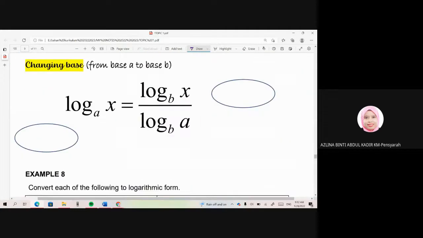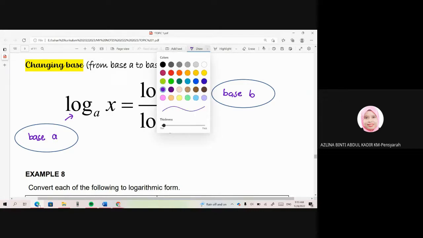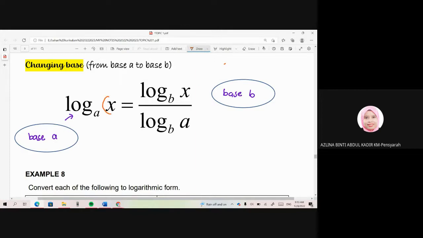Okay, next part. Changing base from base A to base B. Okay, here is base A. There is log base A. We want to change to base B. That means log x base A becomes x in the numerator.